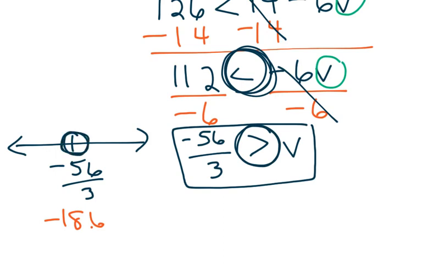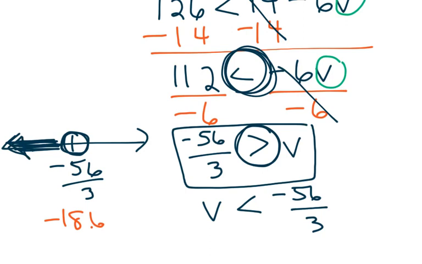This is saying that negative 56 over 3 is greater than v. So if I rewrite this, it's saying the same thing as v is less than negative 56 over 3. If I'm drawing this on a number line, it is going to the left. So that is what my picture looks like.